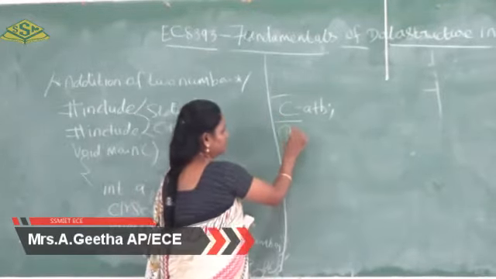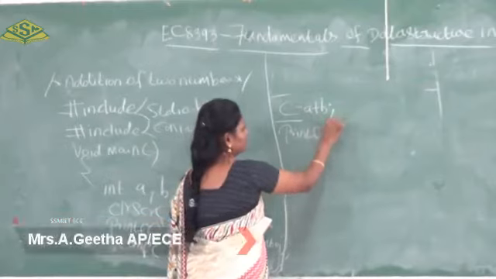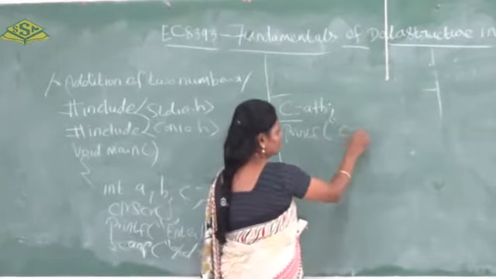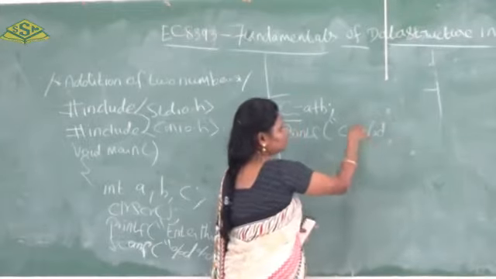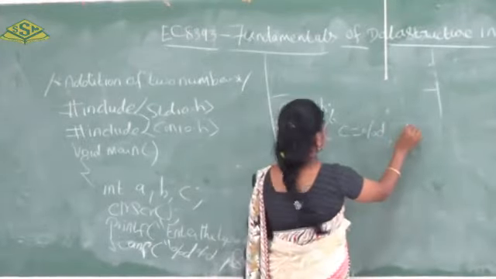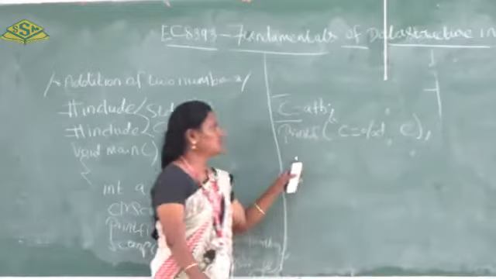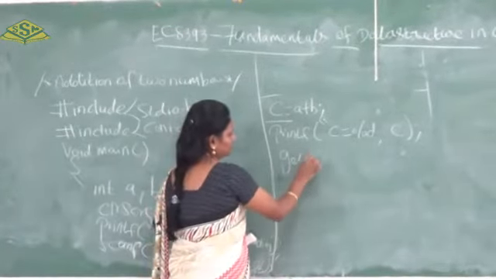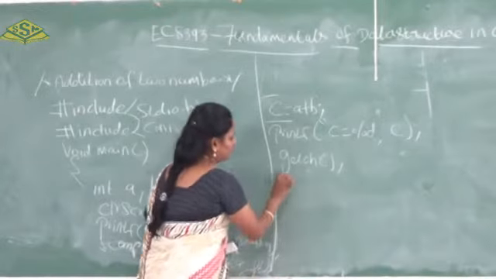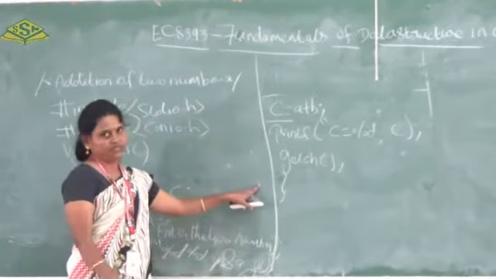So printf, within double quotes, we give C is equal to %d. We close the double quotes. Then C. This statement should also end with a semicolon. Then at last we give getch, and then we close the curly brace.